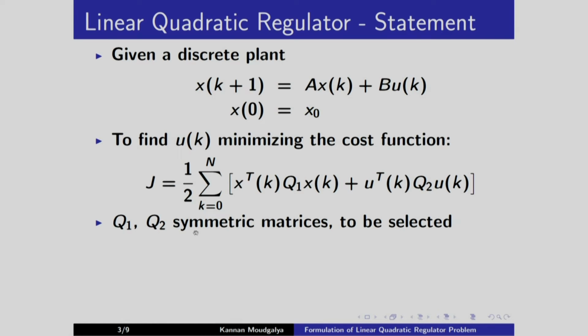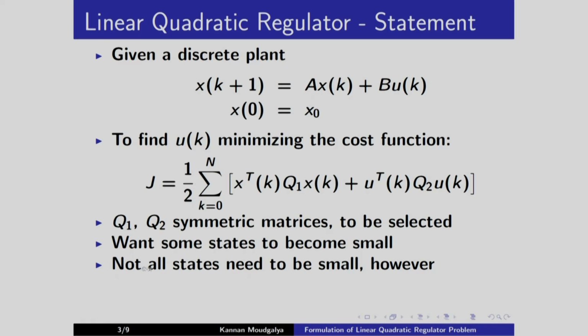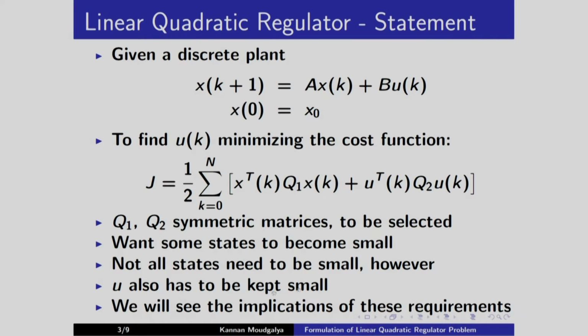Q1 and Q2 are symmetric matrices to be selected. We would want some states to become small. We may not require all the states to be small. However, we will also state that u has to be kept small. We will see the implications of these requirements shortly.